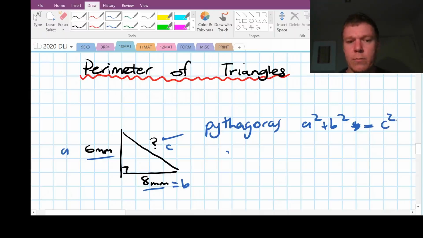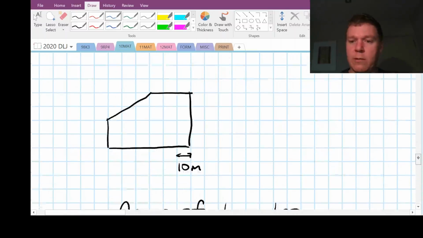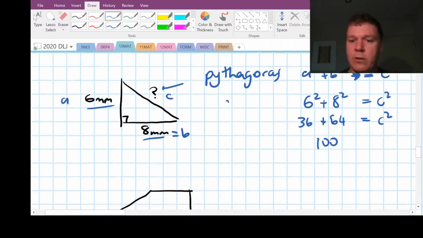So 6 squared plus 8 squared equals c squared. So 36 plus 64 equals c squared. So 100 equals c squared. If we take the square root of 100, we're going to get c.